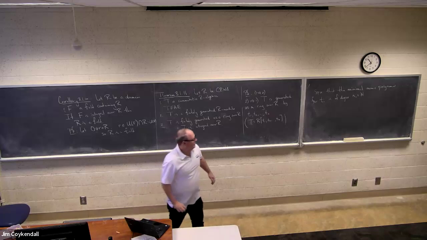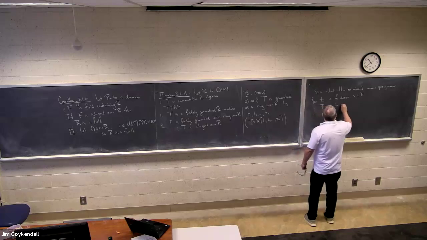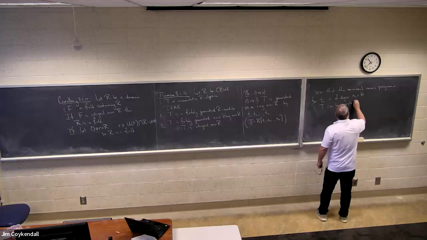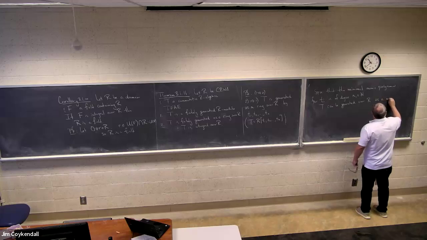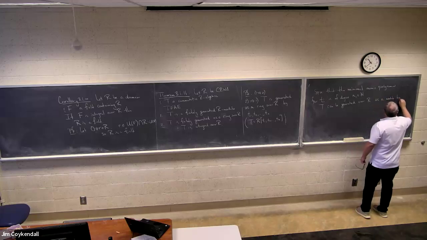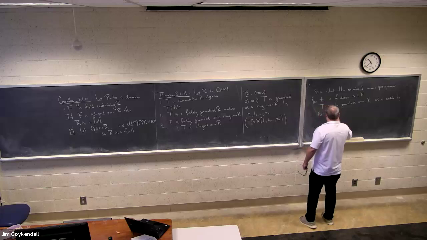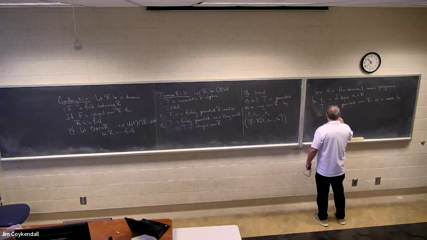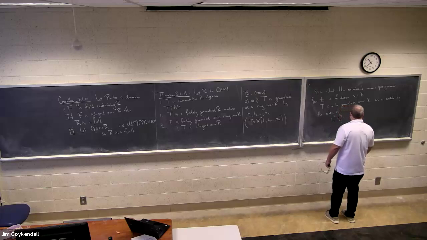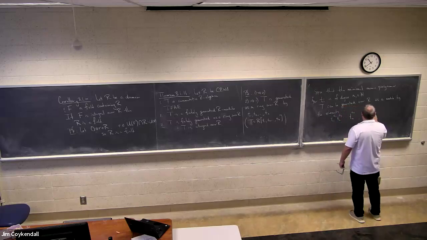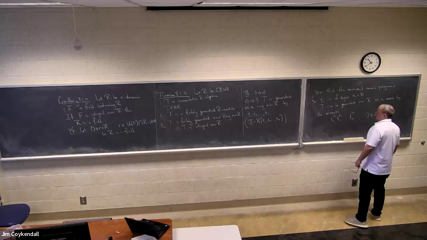So T can be generated over R as a module by the elements T1^a1, T2^a2, through Tn^an, with each ai between 0 and ni minus 1.